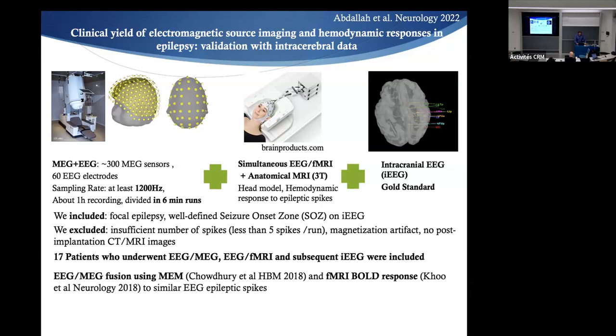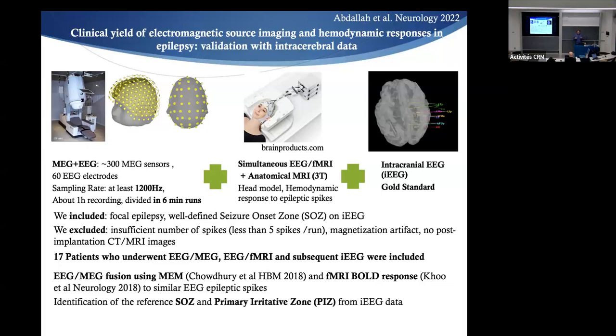So as I said, for EEG-MEG source localization, we use the method of the fusion and consensus map, published by Chowdhury in 2018. For fMRI analysis, we show the most significant BOLD cluster. And then, because of course these are not simultaneous recordings, the neurologists pick similar spikes. Of course, we are not comparing a left spike in one modality to a right spike in the other. We selected the same discharge.